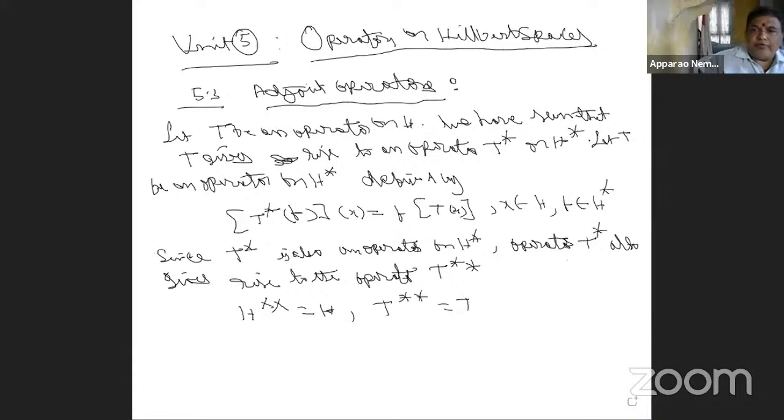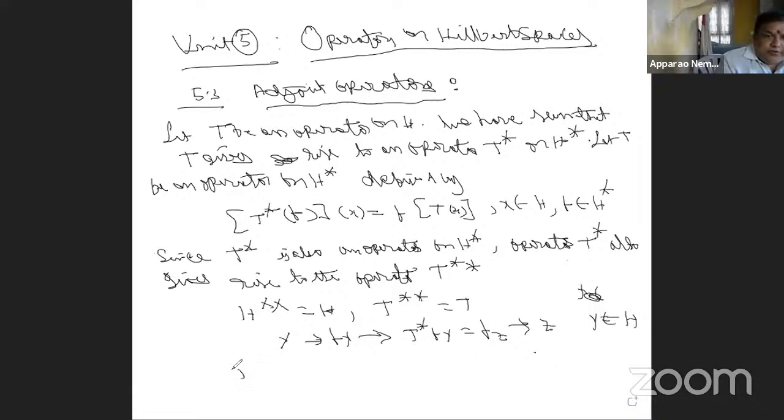So let y belong to H. Here y tends to f of y, and f of y tends to T star of f of y, which equals f of z, that tends to z, where z equals T star y.